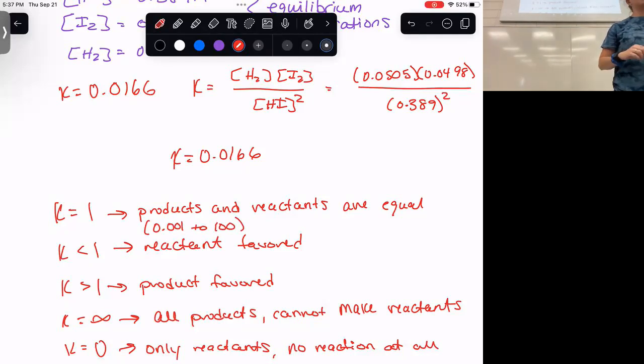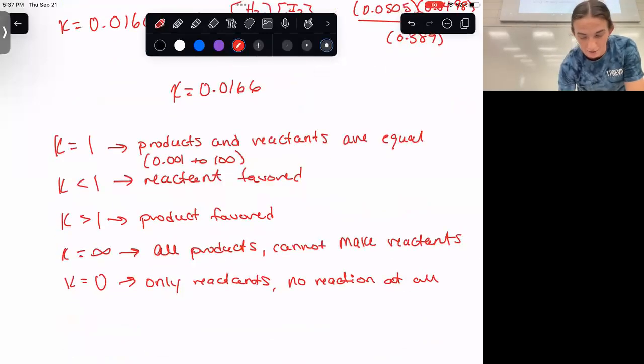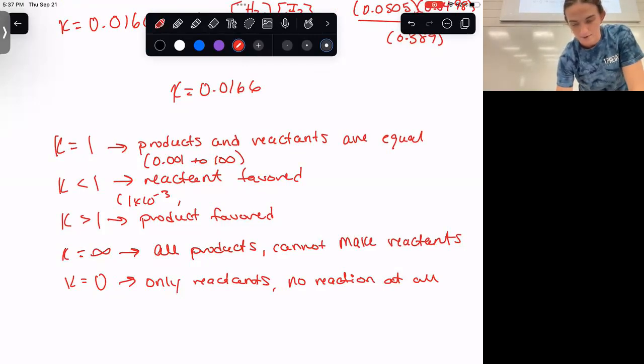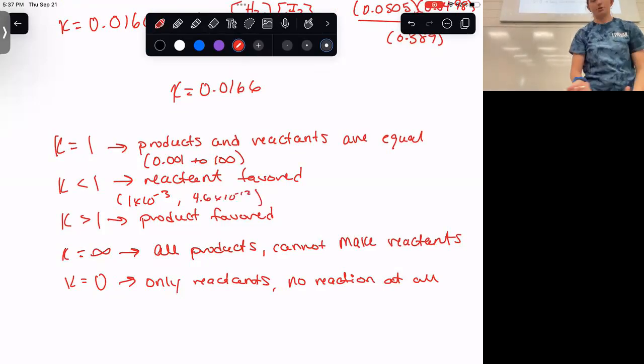Yep, K equal to 1 is more like a range of 1/100th to 100. Less than 1 is more like 1 times 10 to the negative 3. That's when it's reactant favored, or 4.6 times 10 to the negative 12, right? That's going to be reactant favored.